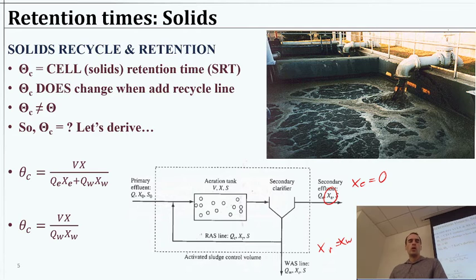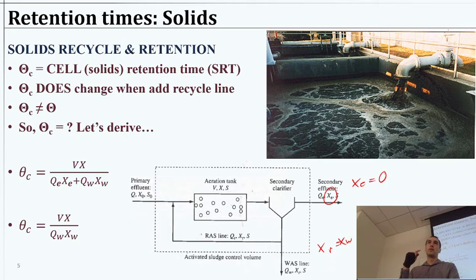Okay, so theta C is not equal to the hydraulic retention time. So make sure that you distinguish those two systems. Okay, if we consider how we would derive theta C, this is essentially the mass of bacteria, and then we can divide the mass of bacteria by the flow rate.